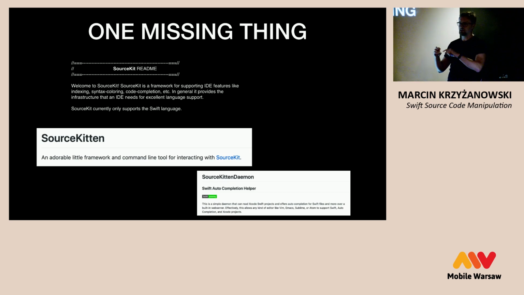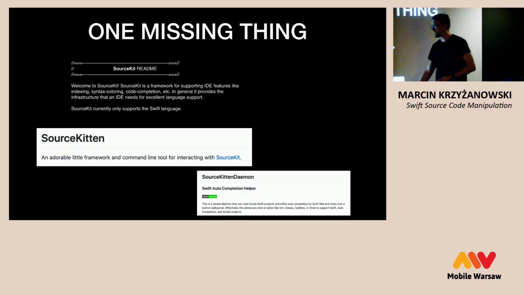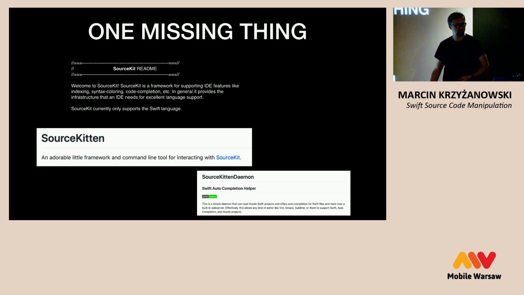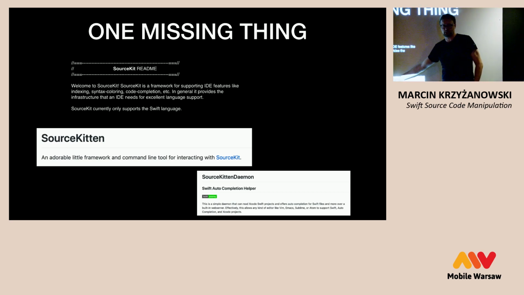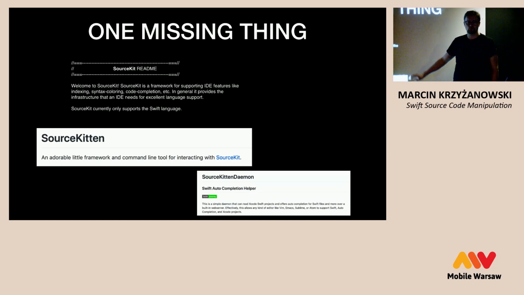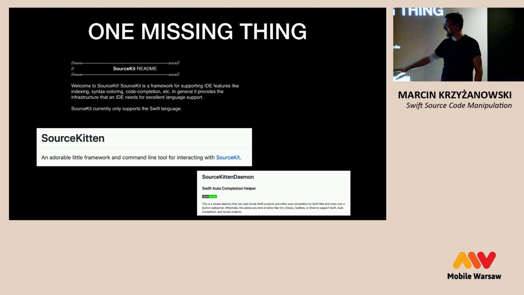It works like a daemon that has some protocol, where the other side has to know the protocol to communicate with this daemon. But we have open source, and JP, how's it called? Simon? Smart? JP Smart, yeah. JP created SourceKitten, which is a great tool. It's a Swift wrapper that allows us to communicate with SourceKit.